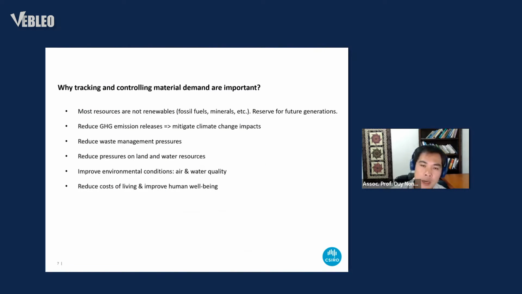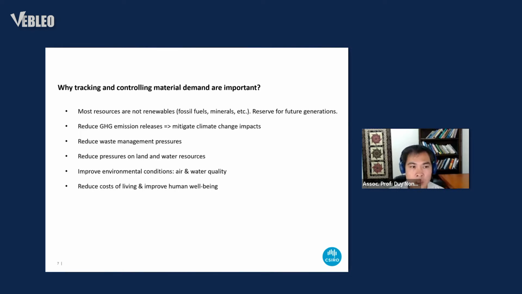This leads to an important question. Because the climate change issues and environmental problems are all related to materials, tracking and controlling material demand is very important to tackle climate change on a global scale.